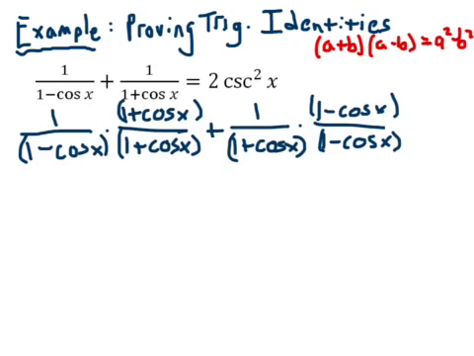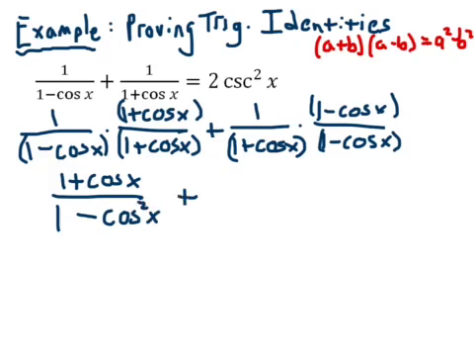And so let's multiply that out. On top we just have 1 plus cosine x. And on bottom we're going to have our 1 squared, which is 1, minus cosine of x squared. Okay. And over here we're going to have 1 minus cosine of x all over 1 minus cosine squared.